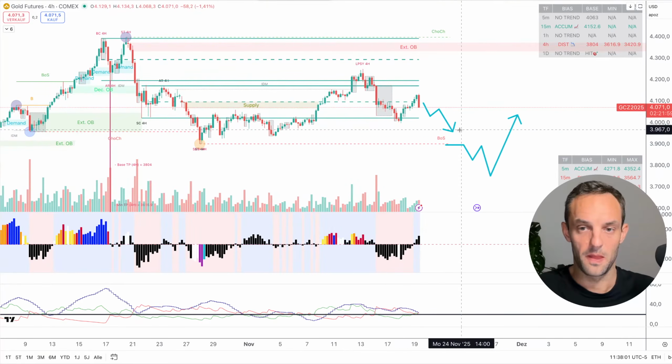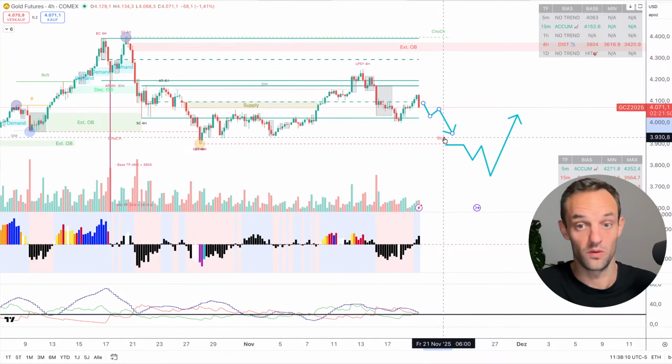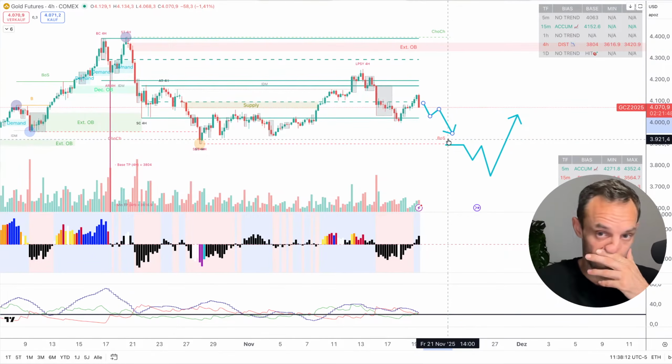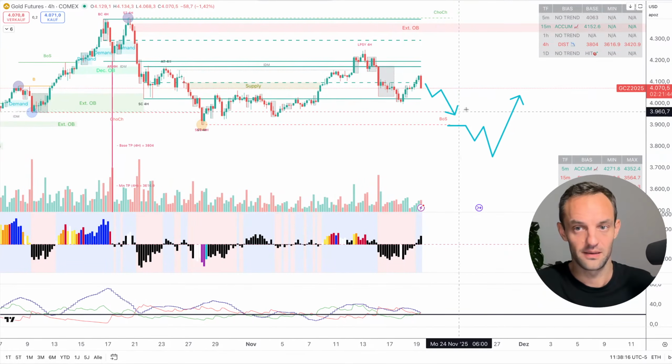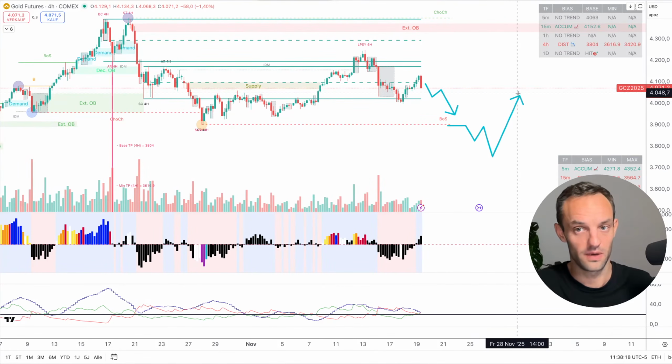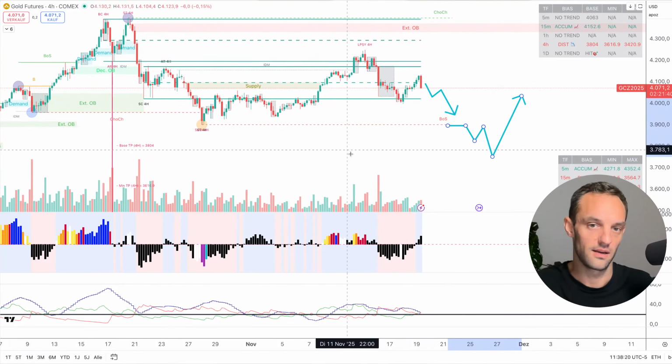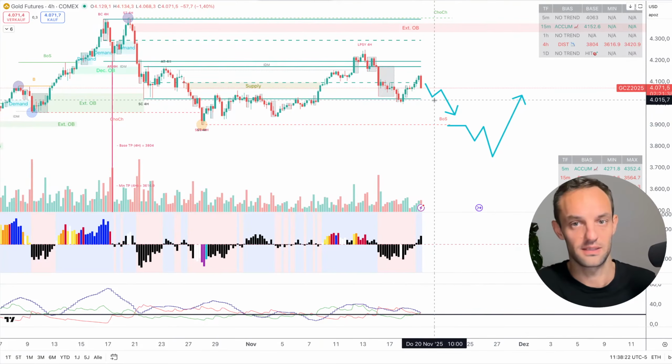Okay. Of course, we can take some liquidity here. We need to see if the breakthrough is really solid with volume candles. If yes, then we reach the base target, and then we chop back to the range. So this is currently my point of view.